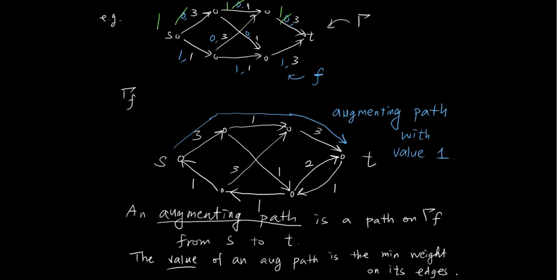To find this augmenting path, you can use BFS, DFS, or whatever algorithm you want to go from S to T. If S can go to T, then you found an augmenting path, and you are able to increase the flow by a little bit. And then you update the flow. Once the flow is updated, gamma f is updated again. Use the new gamma f, then you find the augmenting path again, and keep working on this until there's no augmenting path.